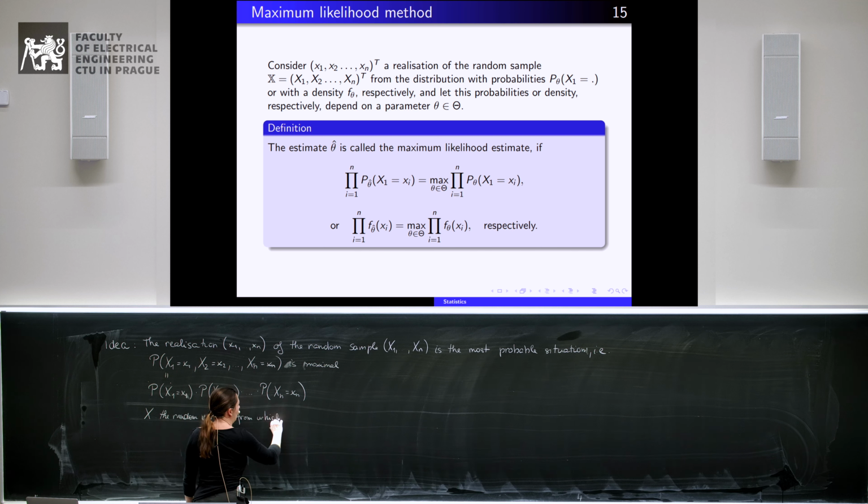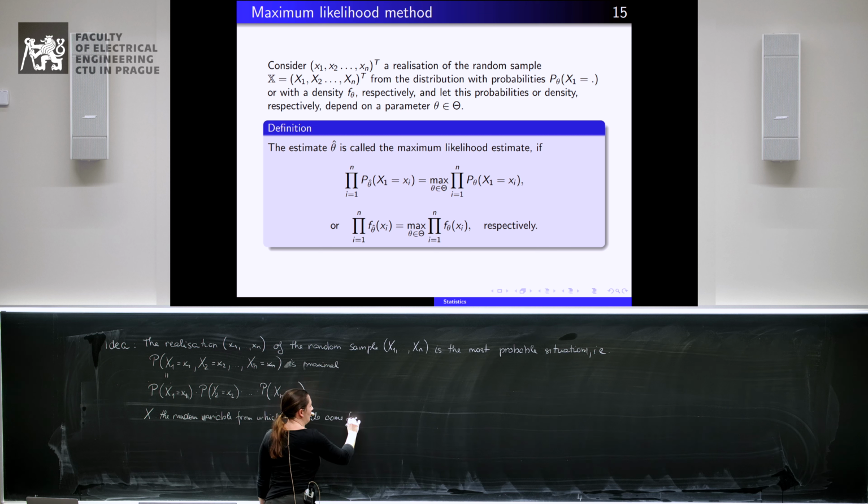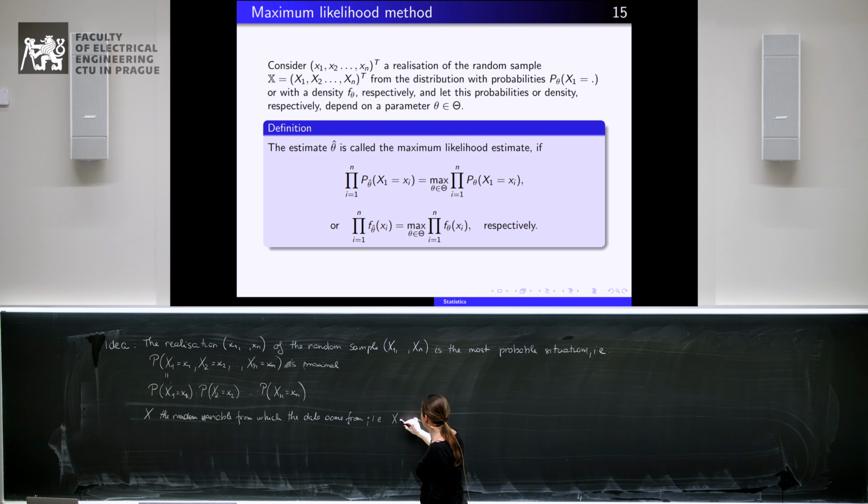Of these random variables, so it means that X has the same distribution as x1, x2, and so on till xn.